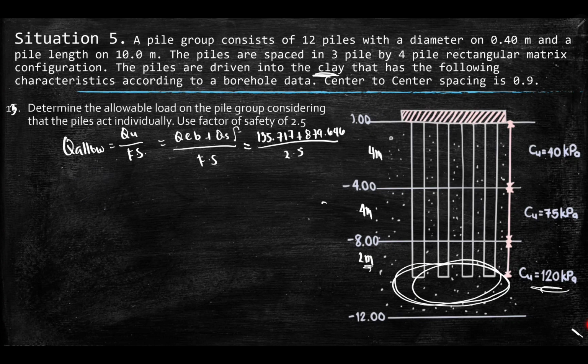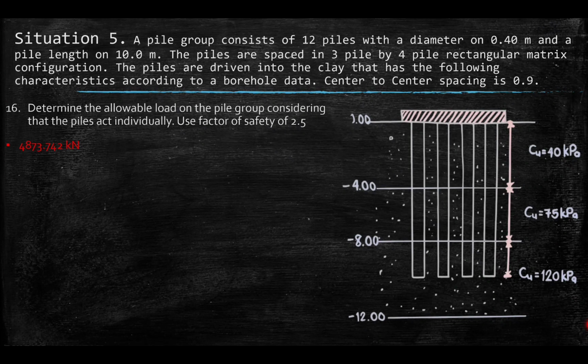Ang kailangan natin is nag-act na sila as individually. So therefore, ita-times natin siya sa number of piles. Tama? Kasi consider natin siya as individual na pile lang. Or, ayan, act individually. So therefore, Q allowable individually is equal to 4873.742 kilonewton. Okay? So this is our answer for question number 13.